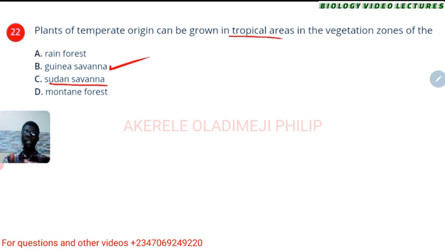I told you that temperate means something not extremely hot, so you can grow the plant that will survive here in the tropical area of Guinea savanna. So your answer is B.